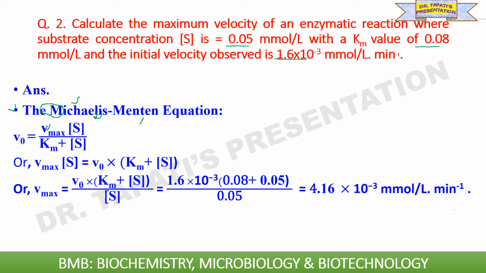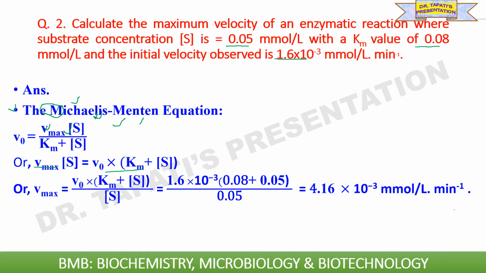Now we can get the value for Vmax. Vmax is equal to V0 into Km plus S, divided by substrate concentration.